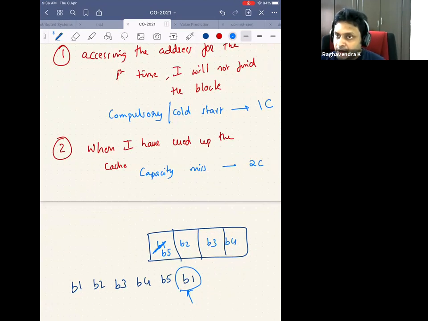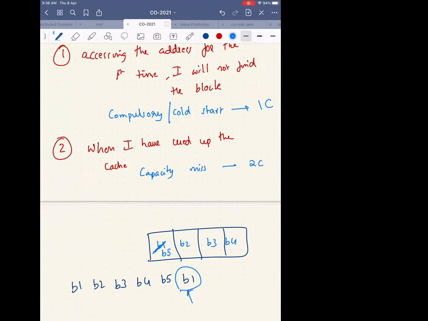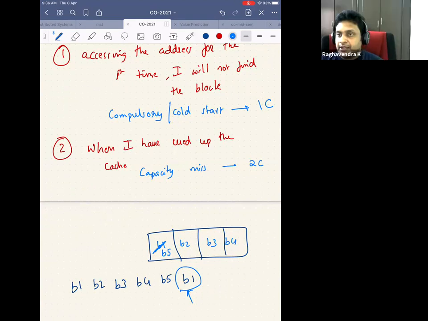So can you tell me how will you decrease the number of capacity misses? Can you tell me a suggestion where I can decrease the capacity misses? Can the compiler do it by knowing what block addresses we will generate, and then somehow override those values which won't be used? Let's say, okay, I have not yet talked about replacement policy.